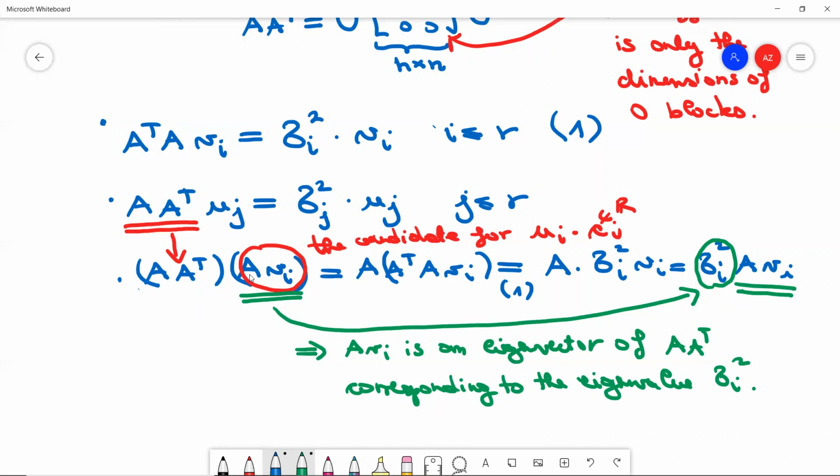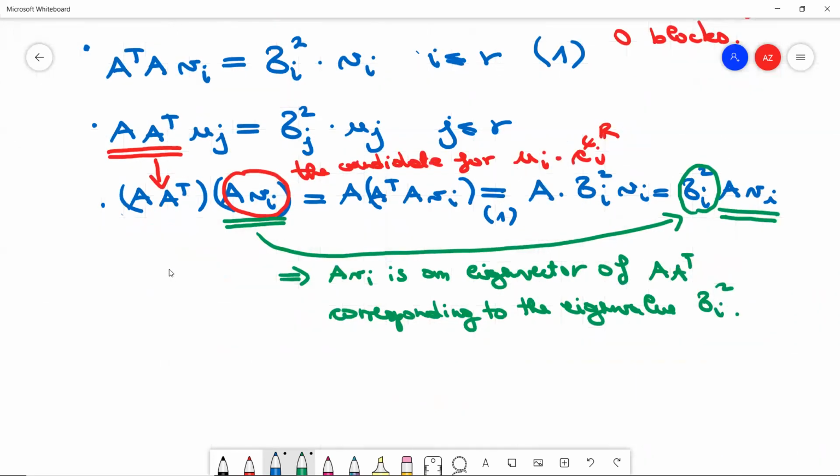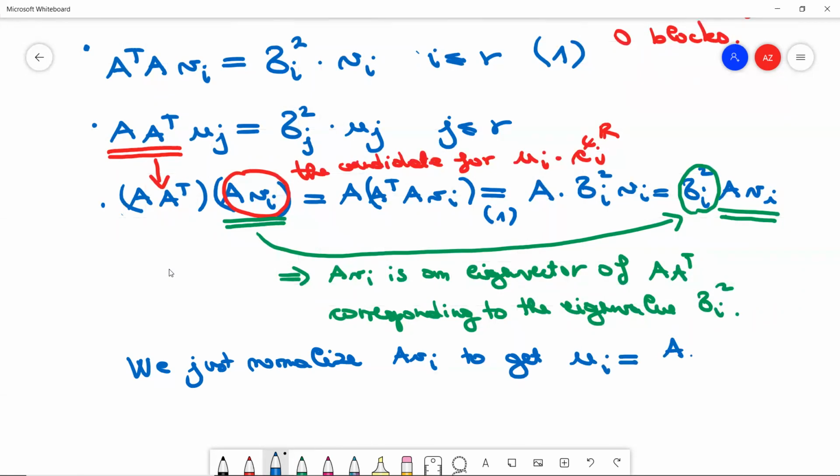But of course, we want it normalized, so it's of length 1. So the proper candidate: we just normalize AVi to get Ui. So this Ui is AVi multiplied by 1 over the length of AVi. So this gives us then the U's.